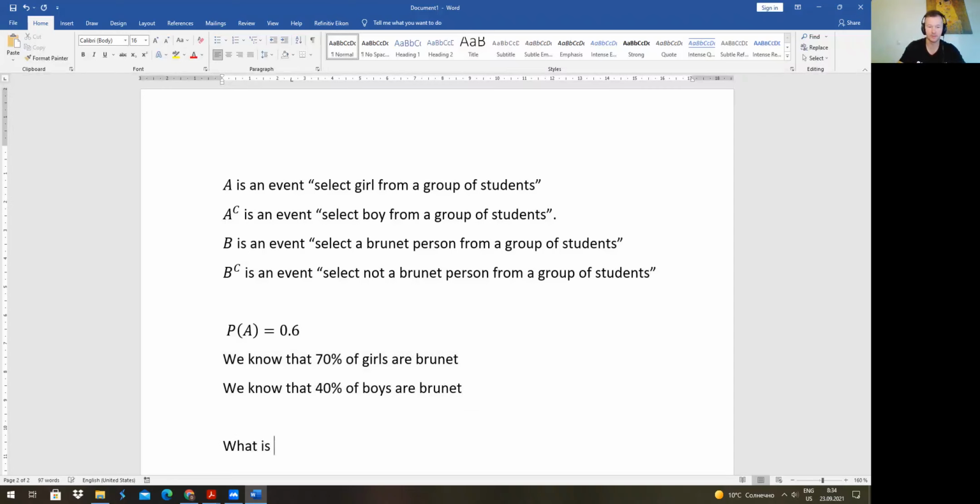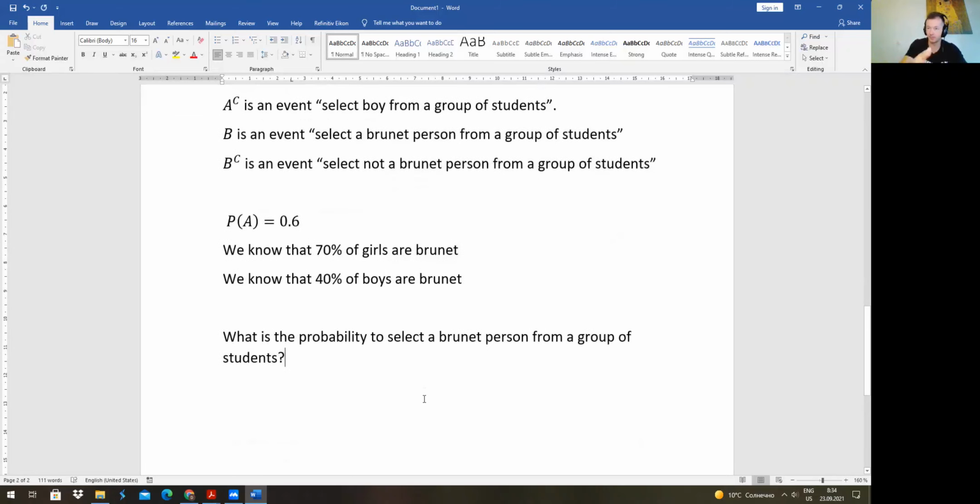So now, what is the probability to select a brunette person from a group of students? That's something that we did in the previous example. So look, how can I select a brunette person? I can select a brunette person either from boys or from girls.